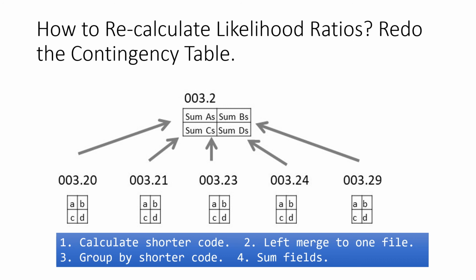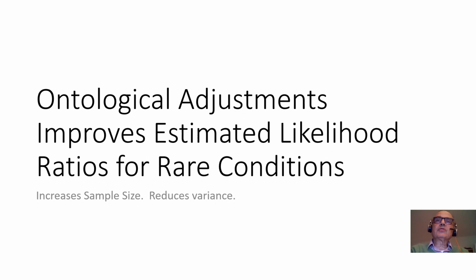We group by the shorter code, and we sum the fields so that we can now calculate the sum of A's, sum of B's, sum of C's, and sum of D's. And once we get this contingency table, you all know how to calculate likelihood ratios from it. So ontological adjustments improve estimated likelihood ratios for rare conditions. They do so by increasing sample size and reducing variance.